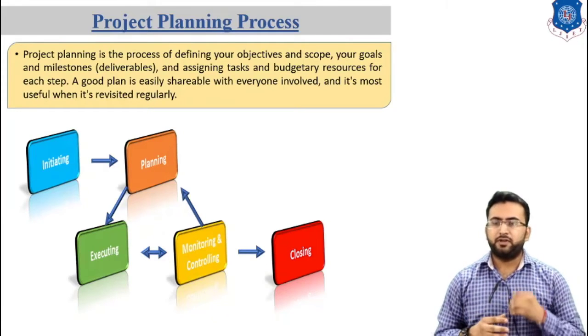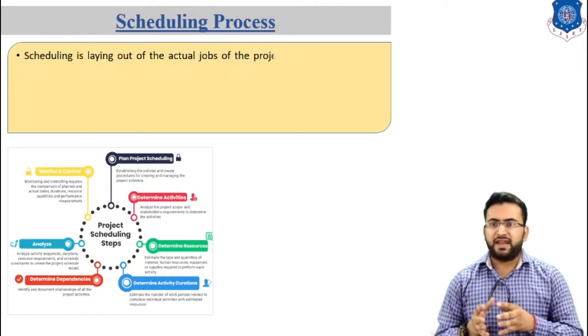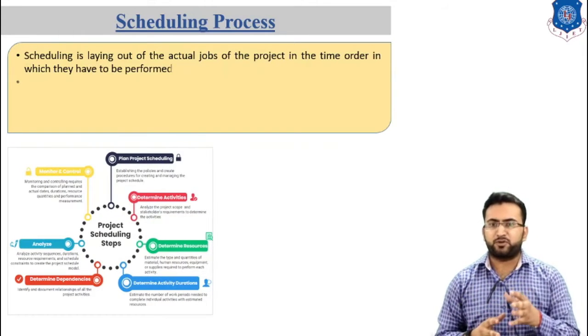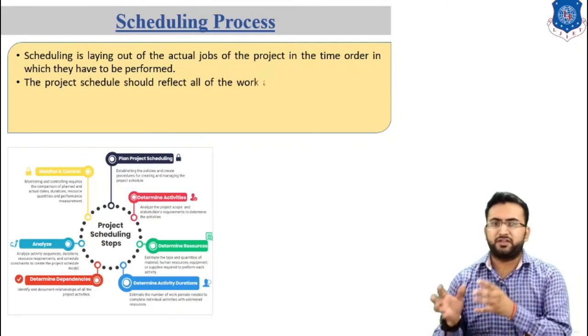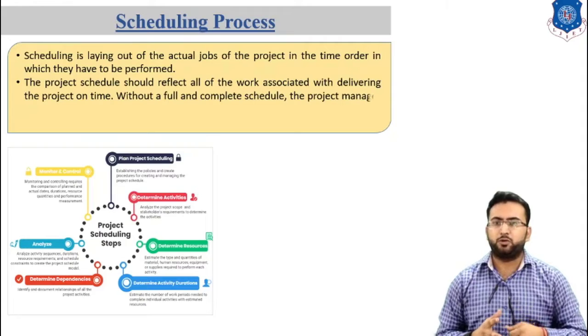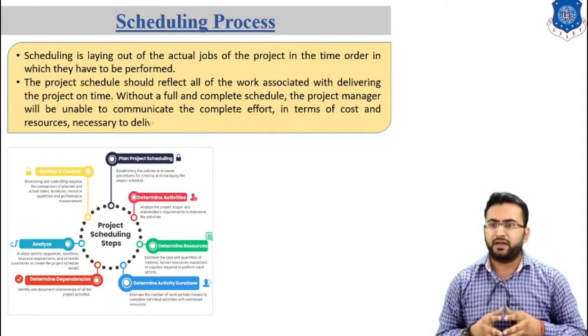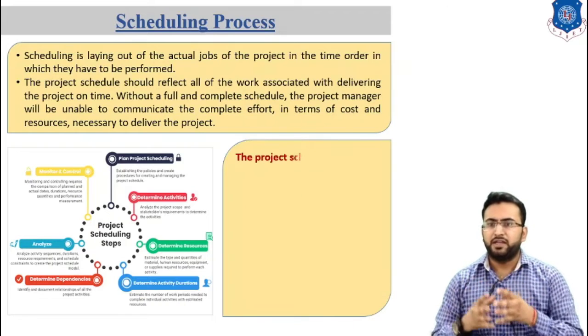So let's talk about the scheduling process. Scheduling is laying out the actual jobs of a project in the time order in which they have to be performed. Manpower and material requirements at each stage of construction are calculated along with the expected completion time for each job.